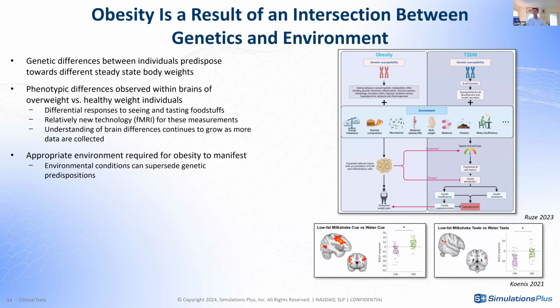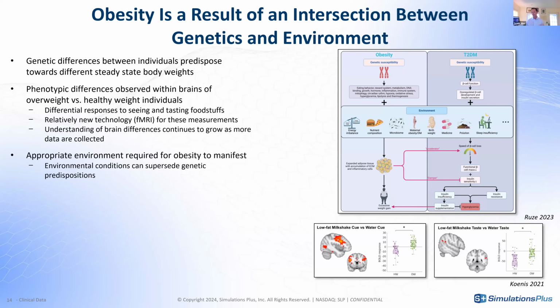And there's been some really nice advancements, nice studies, nice tools. For instance, this fMRI data at the bottom from the Kenz study really shows that, at least phenotypically, there are indeed differences in the way individuals respond to certain cues, whether it's a low-fat milkshake or water.